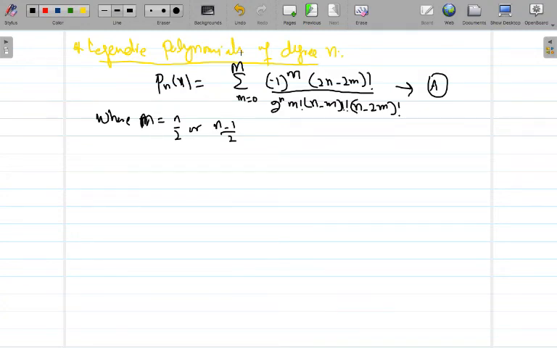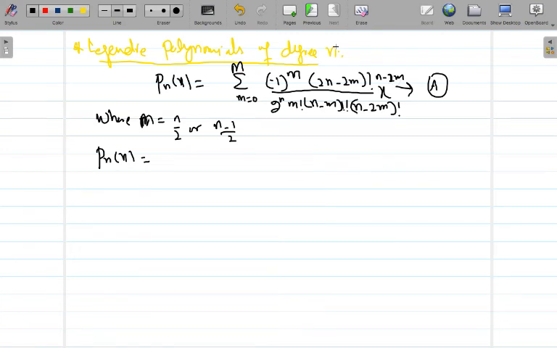Now we will generalize this summation. We can take Pn of x is equal to, for m is equal to 0, one term, another term is x power n minus 2m.